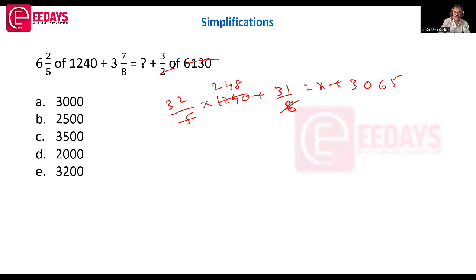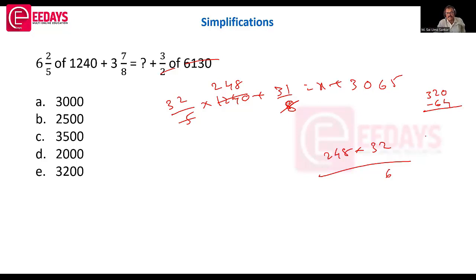So what is the approximate value? X is equal to 32 into 248. 32 8 times. 320 minus 64. 320 minus 64, this is 320 minus 64. So approximately 260, 256.